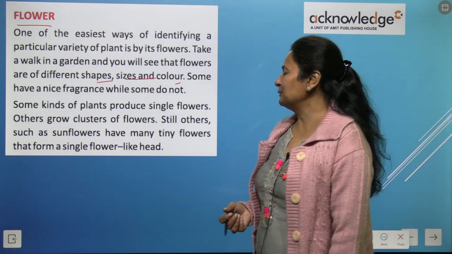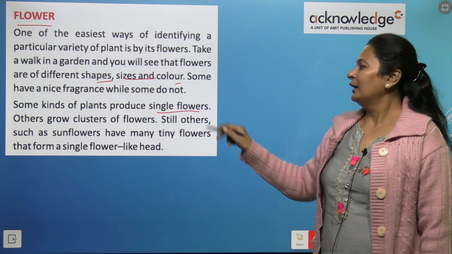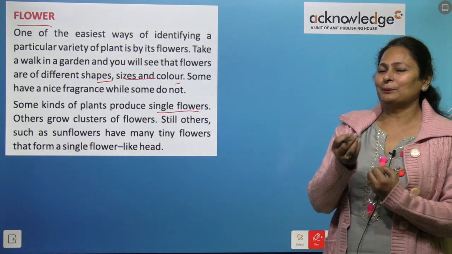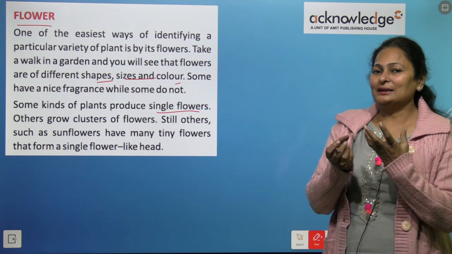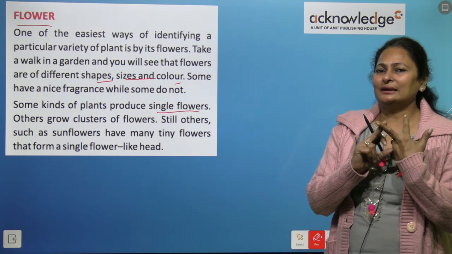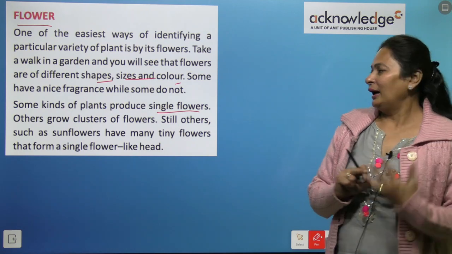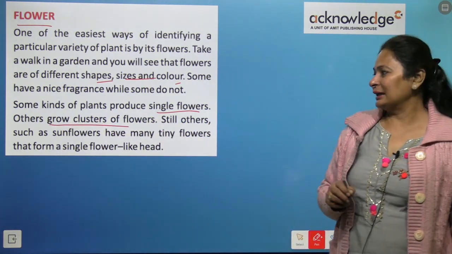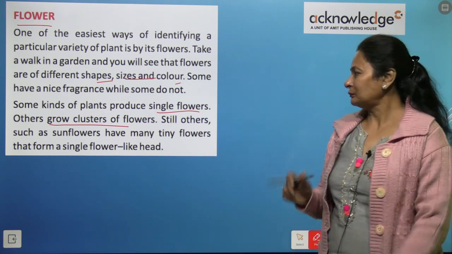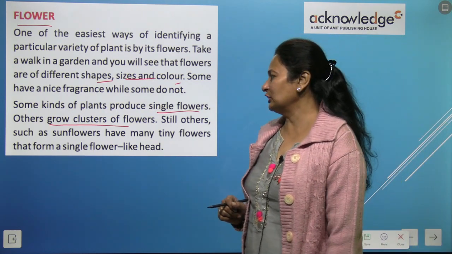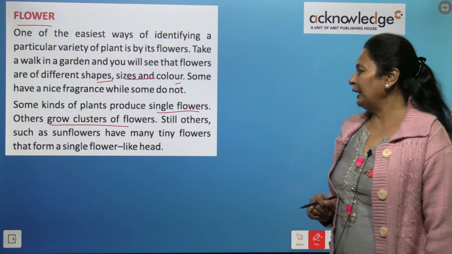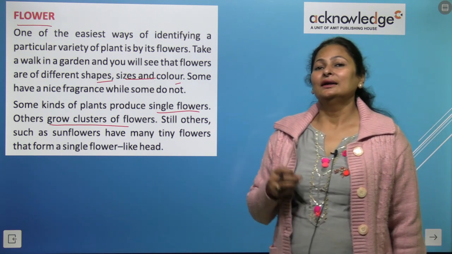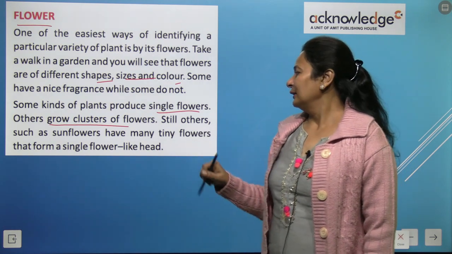Some kinds of plants produce a single flower and others grow in clusters. You'll find that in some plants single flowers are growing, and in some plants they grow in clusters, meaning in groups. Still others such as sunflowers have many tiny flowers that form a single flower-like head.